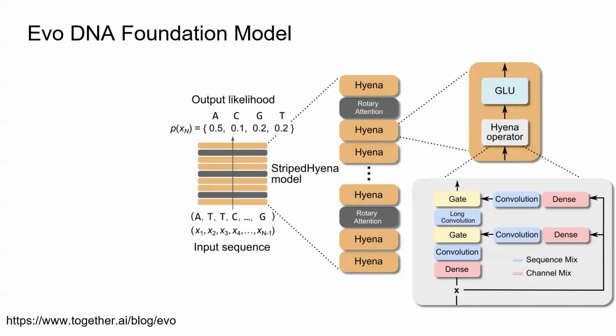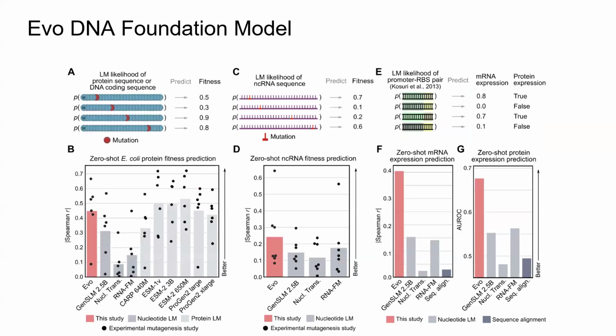But it's using the Hyena architecture with some attention layers, and so they call it a striped Hyena model. They've used it to perform a number of different tasks, and it seems to perform quite well. It does mRNA expression prediction, which is a very hard problem, and seems to do okay.